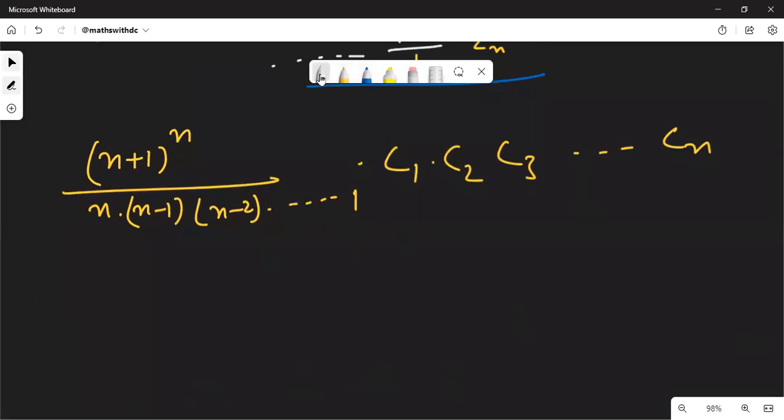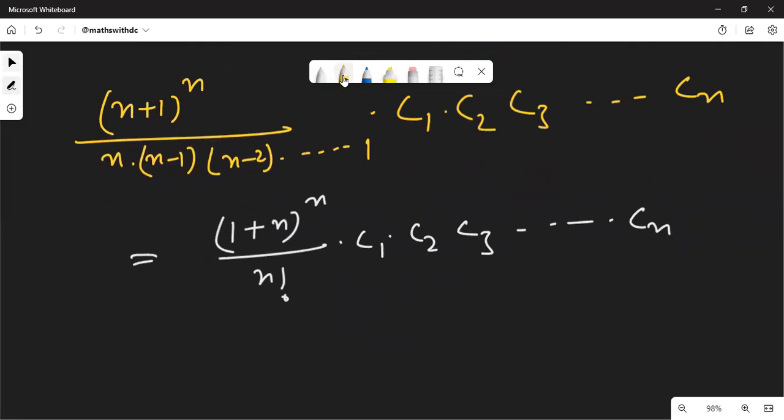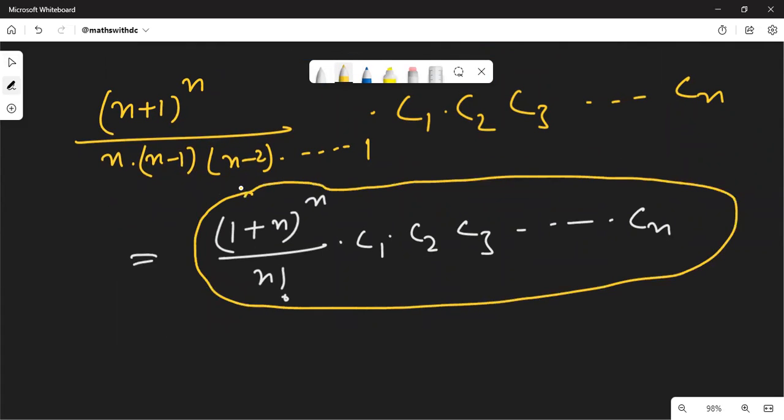So that product should be equal to n plus 1 to the power n divided by n factorial times C1, C2, C3, and it continues up to Cn. So that would be the product of those values we were asked. So our answer would be this.